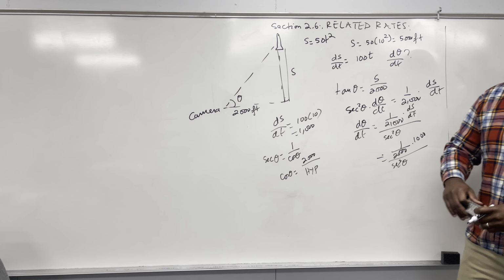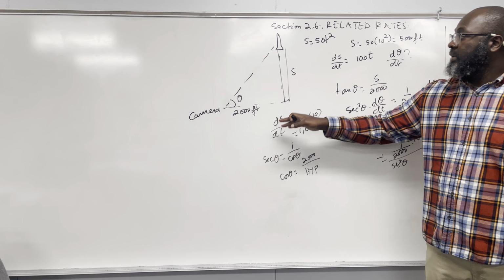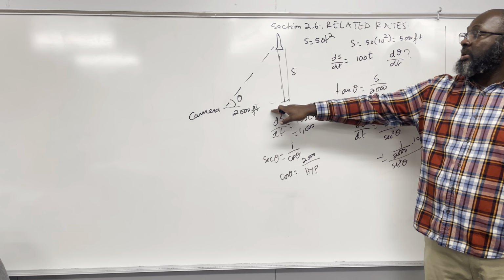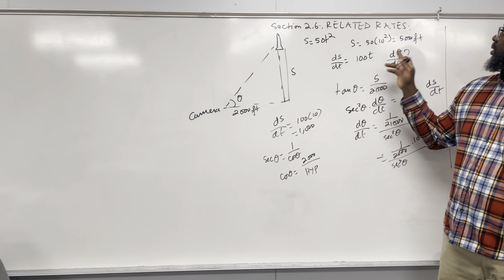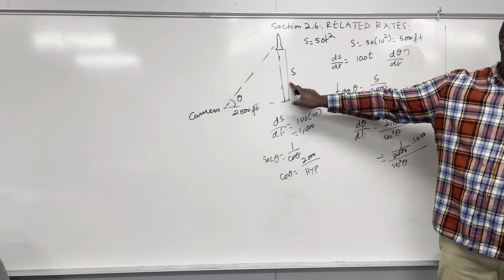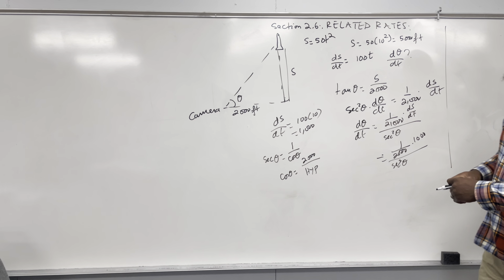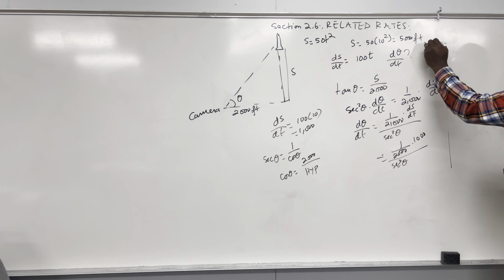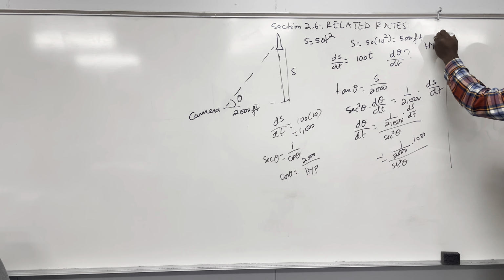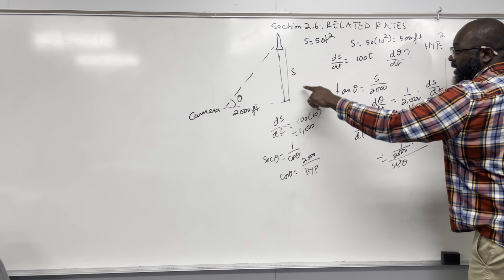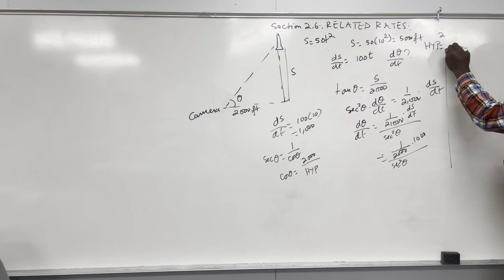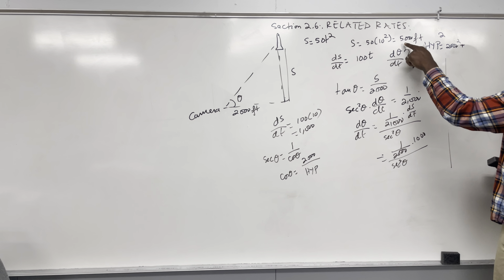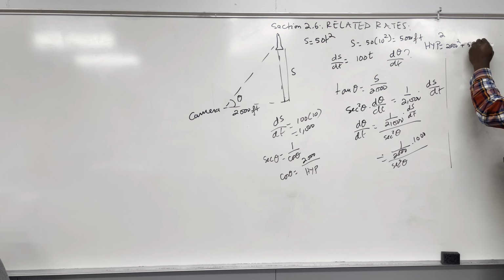We know that this is 2,000 feet. This is 5,000. We need to solve for the hypotenuse. The hypotenuse squared will be 2,000 squared plus s squared, which is 5,000 squared.